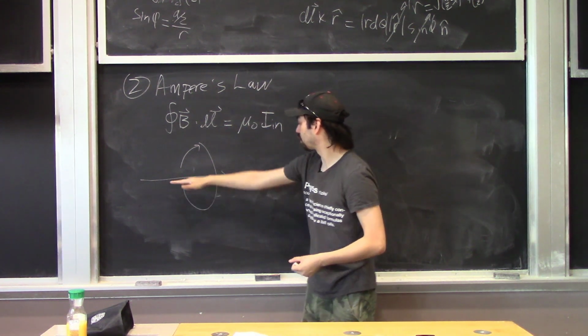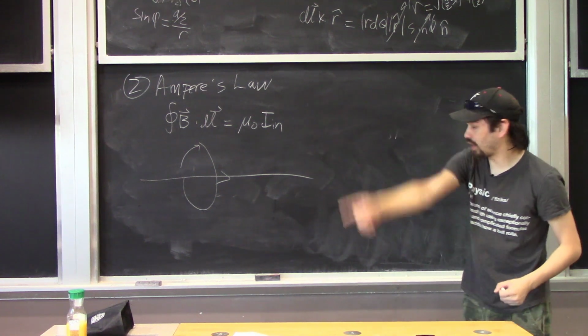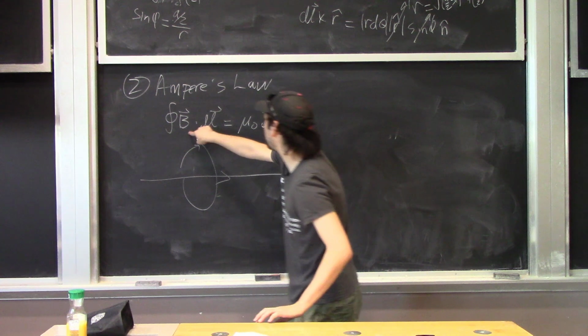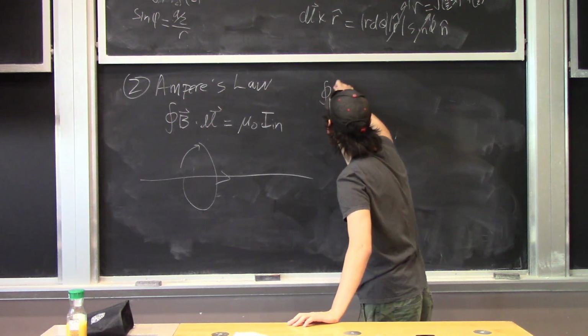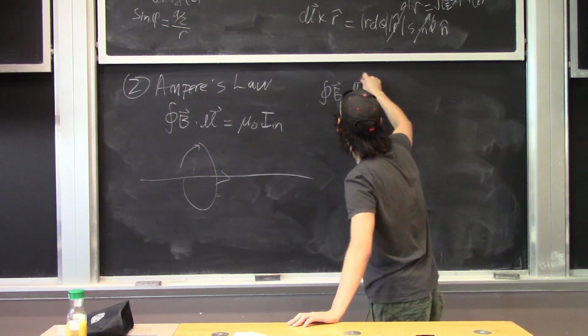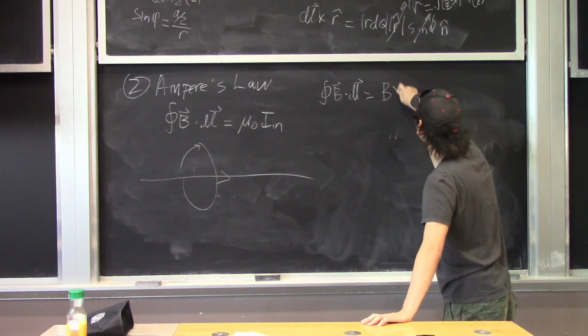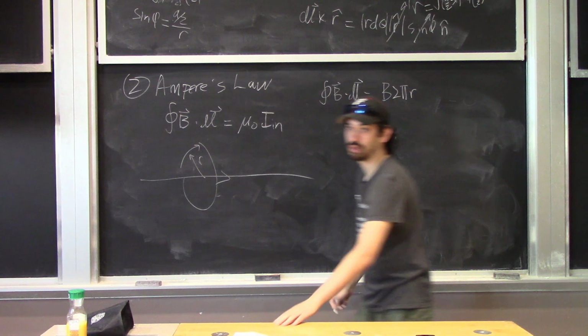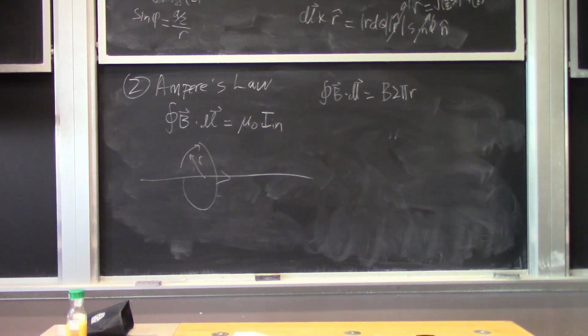So in this case, if the current's going this way, the magnetic field goes around like this. And this tells me then that the left-hand side of Ampere's law, integral B dot dl, is going to be equal to B times 2 pi times R, because I'm going around some circle with radius R, okay?